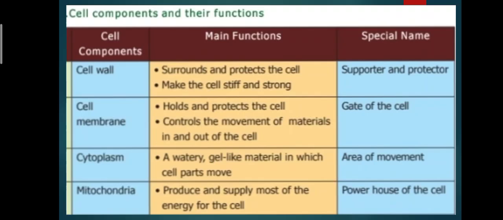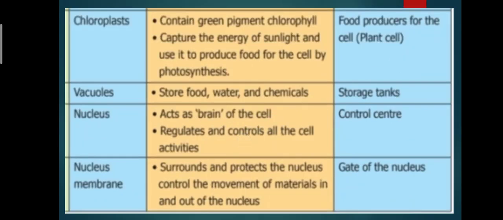Next one, mitochondria. Double membrane structure, stores energy in the form of ATP molecules. Mitochondria, special name, powerhouse of the cell. Next one, chloroplast.